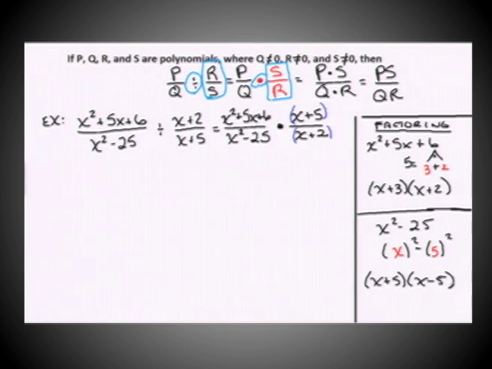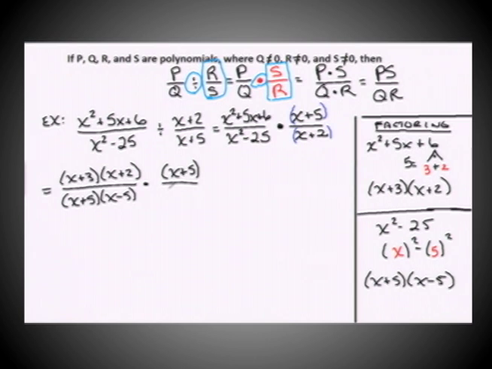All right, so once again, there's no factoring to be done in the second rational expression. So we just need to rewrite, inserting our factored forms here. So we have x plus 3 times x plus 2 divided by x plus 5 times x minus 5, and we are multiplying that with x plus 5 divided by x plus 2.